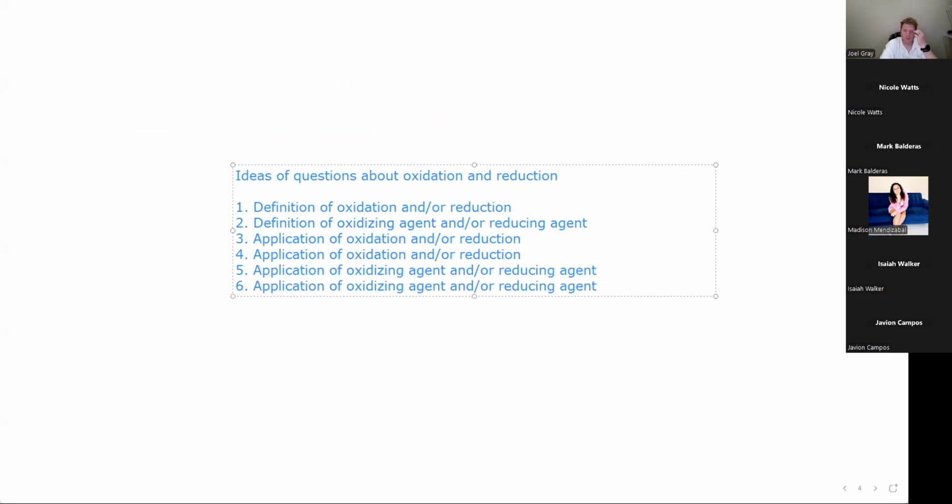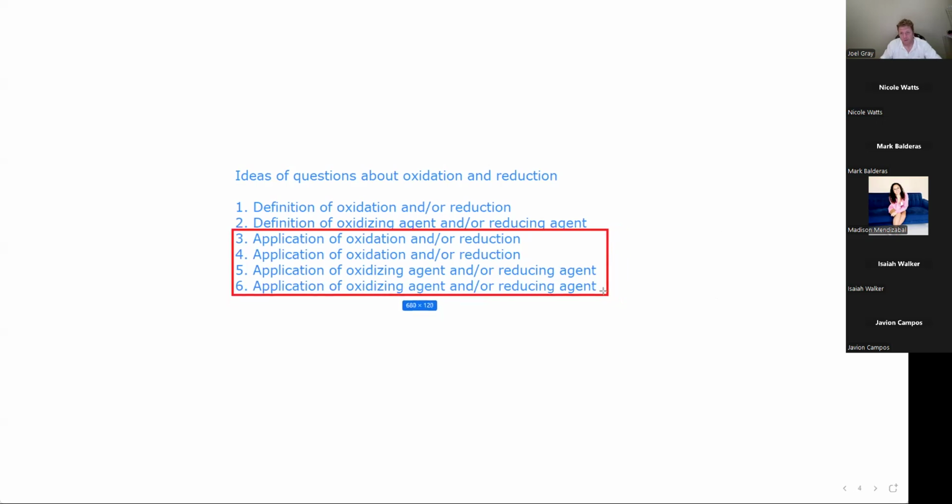Okay. So there we're looking at approximately 6 questions. So what I would do is give you a balanced chemical reaction or a series of balanced chemical reactions and ask you which species is getting oxidized, which species is getting reduced, which species is the oxidizing agent, which is the reducing agent.